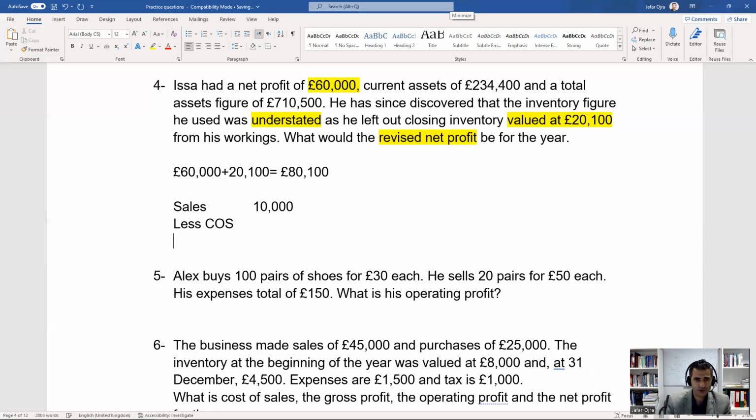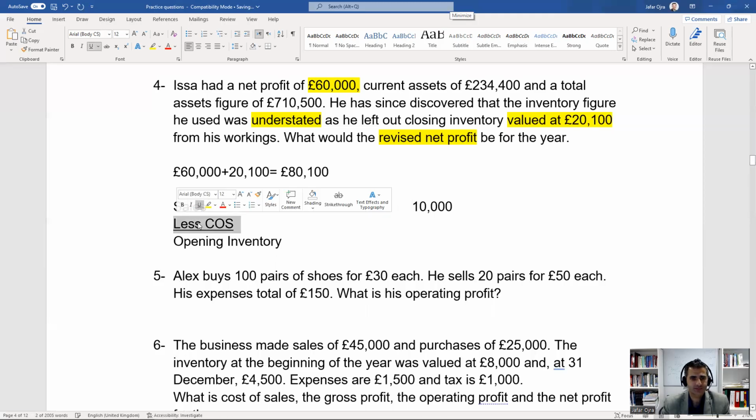Cost of sales, if you remember the formula, is opening inventory. Let's assume the opening inventory is 4,000.